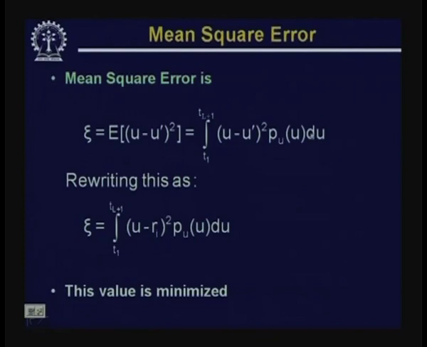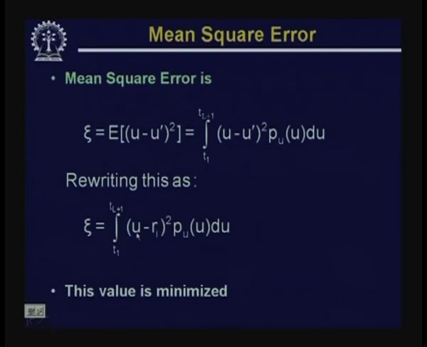This same integration can be rewritten in this form as u minus r i squared, because r i is the reconstruction level or the reconstructed signal in the interval T i to T i plus 1. Sorry, there is an error, it is not T 1 to T L plus 1, it should be T i to T i plus 1.